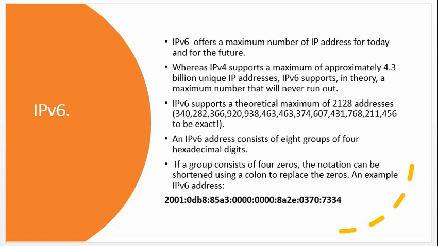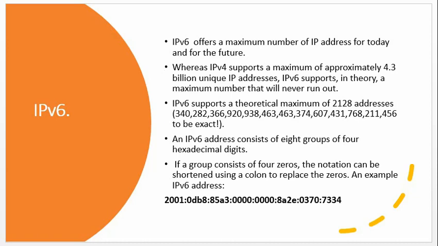Whereas IP version 4 addresses a maximum of about 4.3 billion IP addresses, IP version 6 is unlimited, or it will never run out of IP addresses.